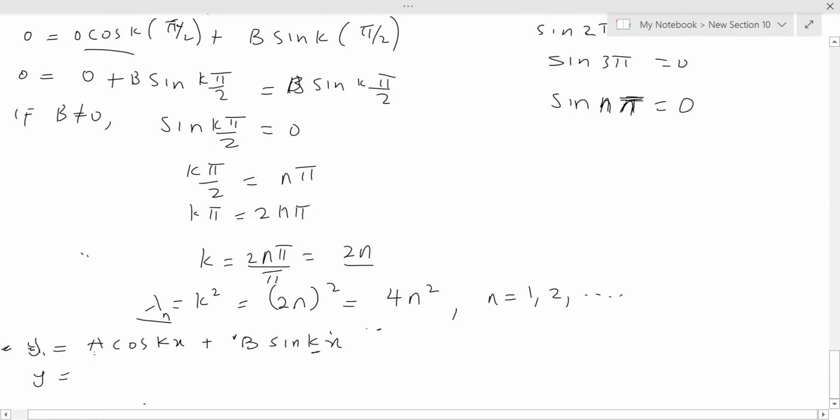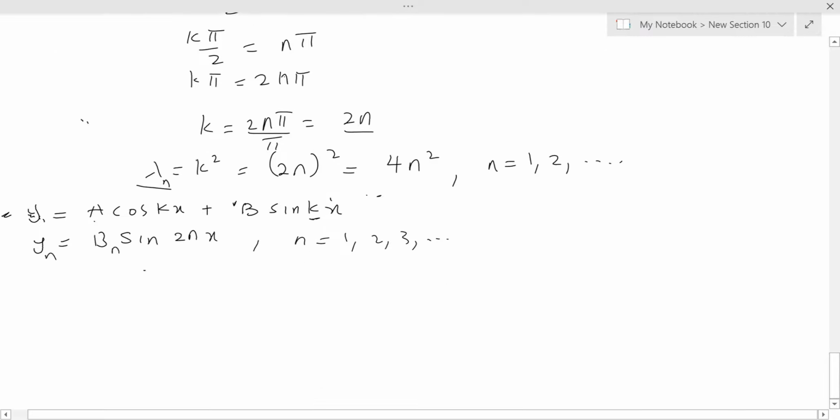Now a is 0, so that part is gone. So we have your b, then you have your sine, your k is 2n, and then we have our x. Because the eigenfunction depends on n, it has to be y n, then your b also has to be b n. You see your n runs from 1, 2, 3 all the way to infinity.